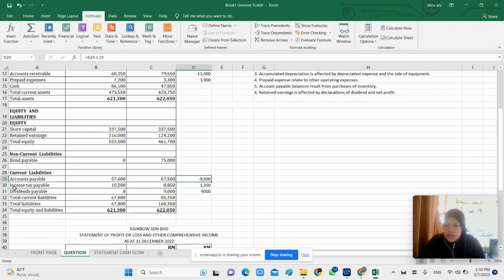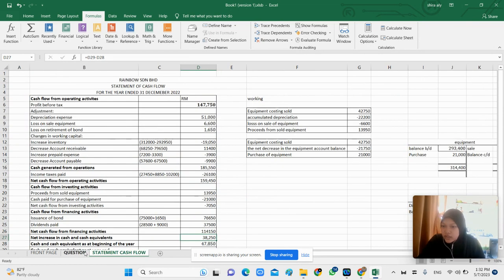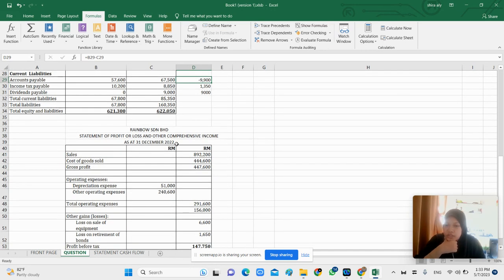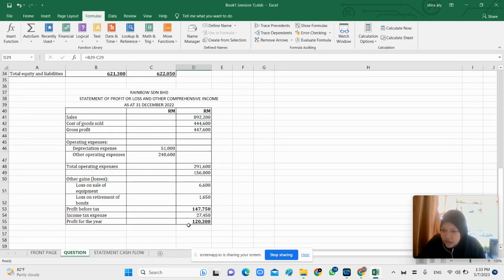So the next one is income. We find the income tax paid. So for the income tax paid, first we find in the statement of profit or loss and other comprehensive income, in income tax expense.